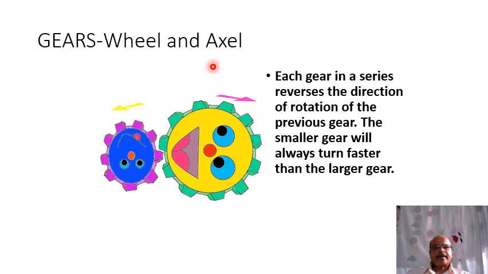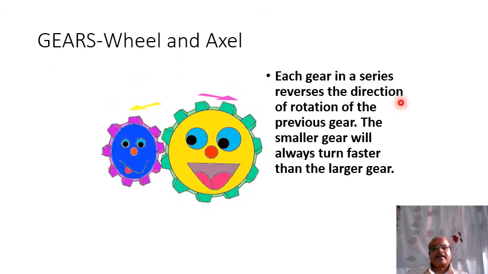So gear wheel and axle. Each gear in a series reverses the direction of rotation of the previous gear. The smaller gears always turn faster than the larger gears. So this is the important point. As this animation shows, each gear reverses the direction.